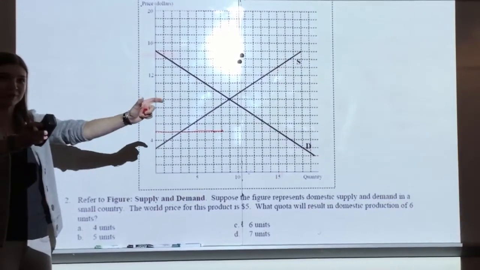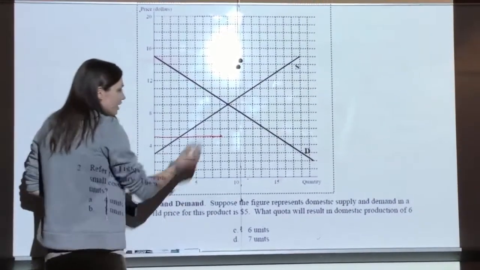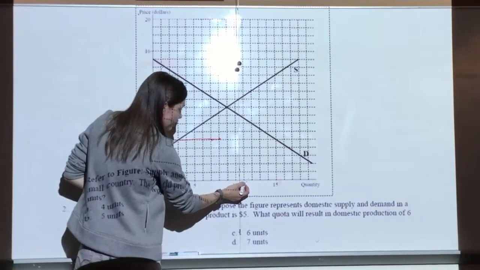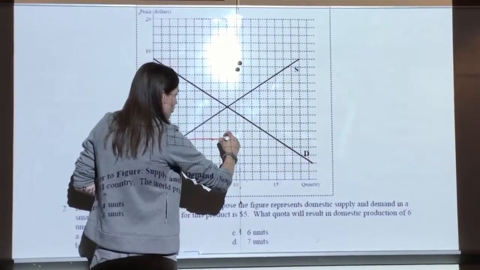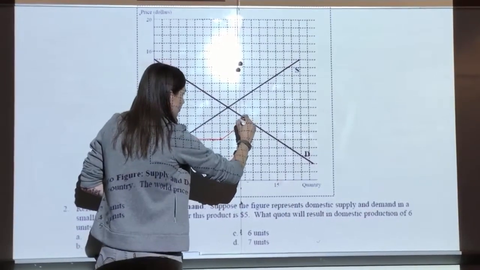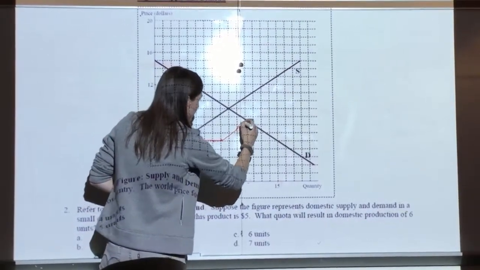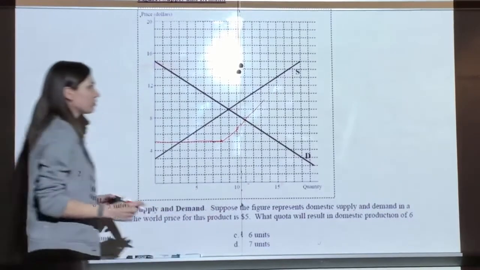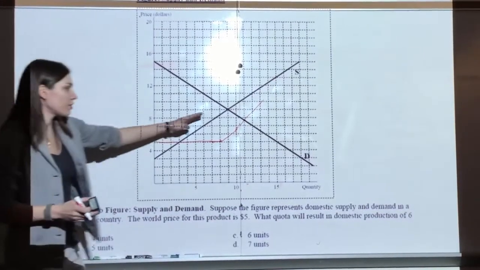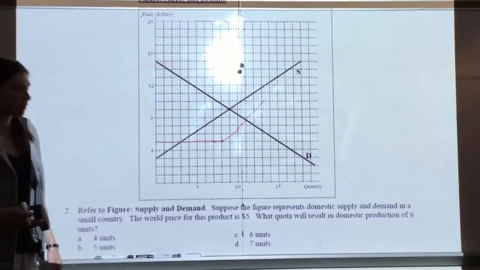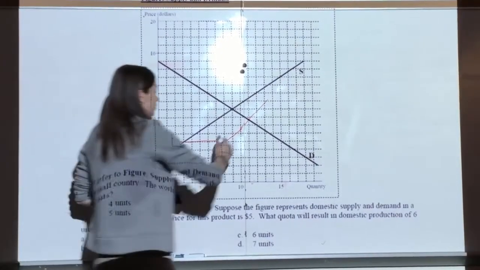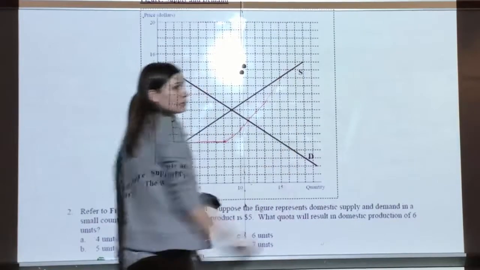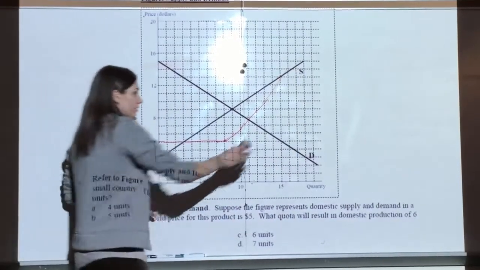What should the total be? 11. There you go. So we need them to intersect at the point at 11. So that is here. Now, if we again draw the supply curve between those two, is that going to be parallel to the original supply curve? Parallel means that they don't ever intersect. So it's not.